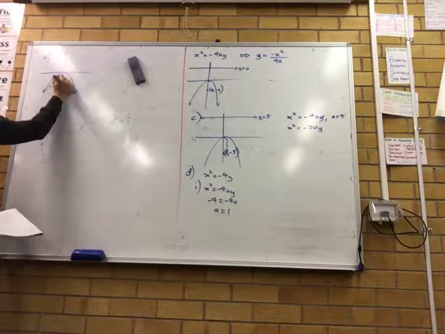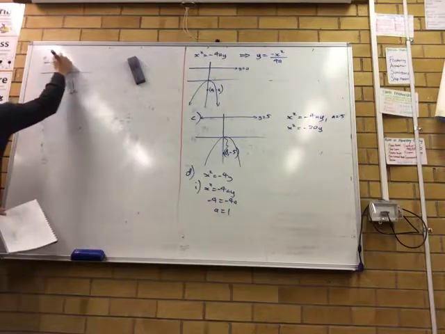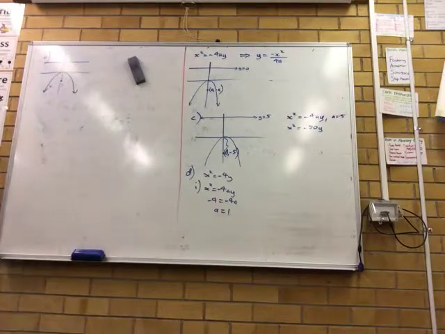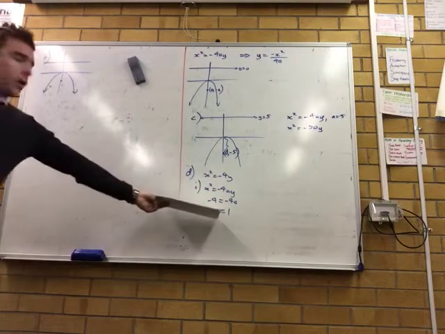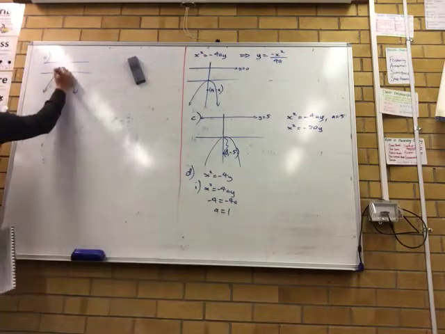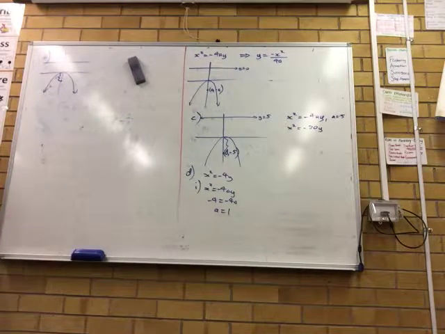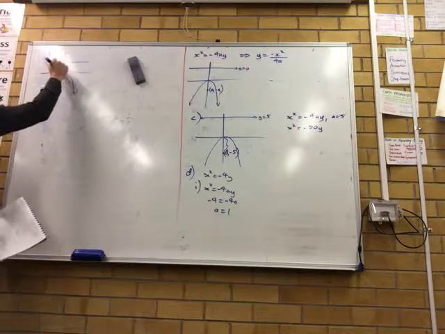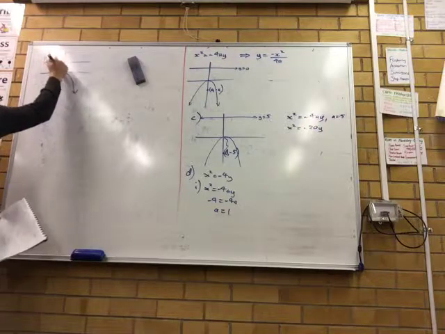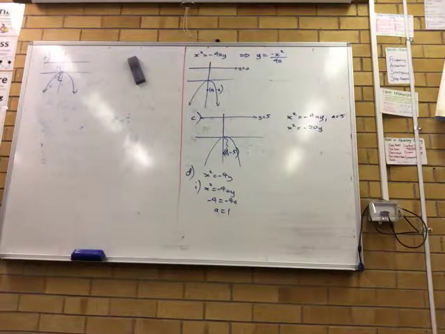The focus is inside, and the directrix never touches the parabola. We have just calculated the focal length of 1. That means the distance from the vertex to the focus is 1 unit, and it's also the distance from the vertex to the directrix.